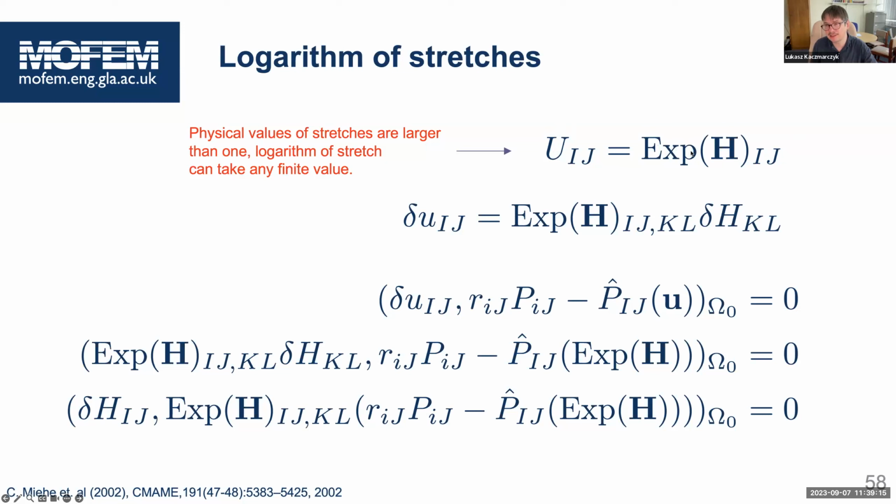Then when we take the exponent of the logarithm, we get the stretch itself. Why is that important? Because stretches can only be positive numbers. You cannot have a negative stretch because it would mean that you invert the material. Stretch cannot be zero because it would mean that you compress material to such a point that it has zero volume. That is not physical.